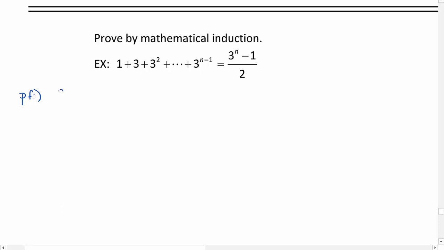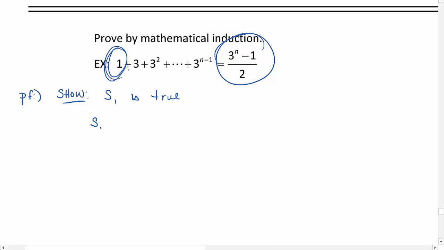We start our proof by showing that S sub 1 is true. For S sub 1, we're simply replacing the n in (3 to the n minus 1) over 2 with 1, and we want to see, do we get the number 1, which is the first number in our sequence.